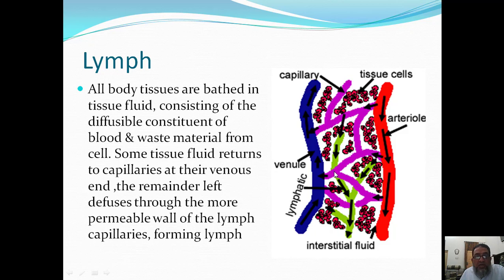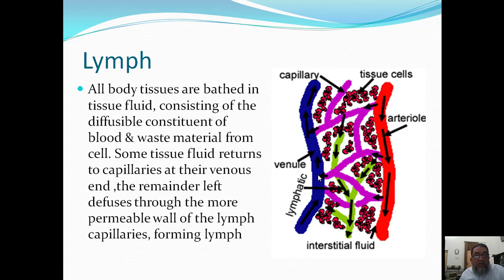If you look at this, you will see that when blood comes from the arteriole and moves through the capillaries with the hydrostatic pressure, some fluid leaks within the intercellular spaces, and this fluid is then reabsorbed at the venular end for useful purpose for onward transmission to the heart.